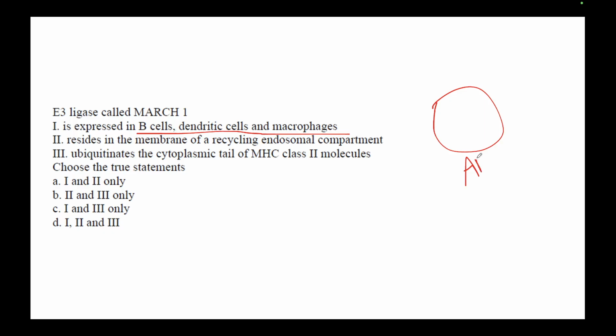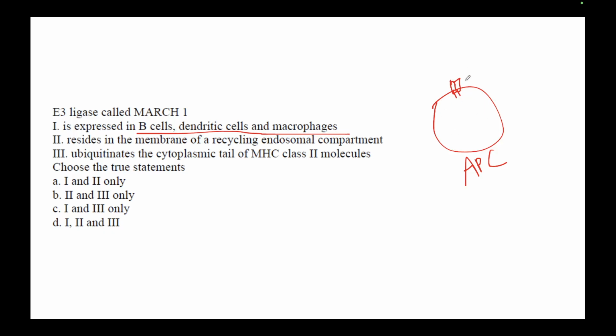And these antigen presenting cells express which MHC on their surface? MHC1 is expressed by all nucleated cells, but these APCs express MHC2 on their surface.